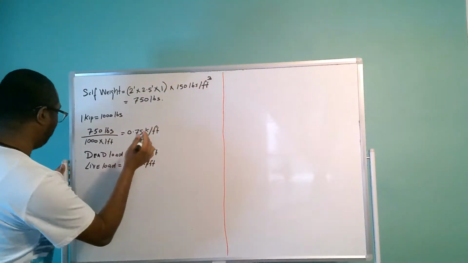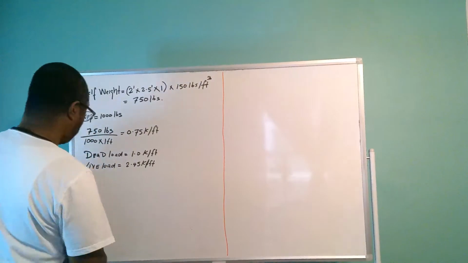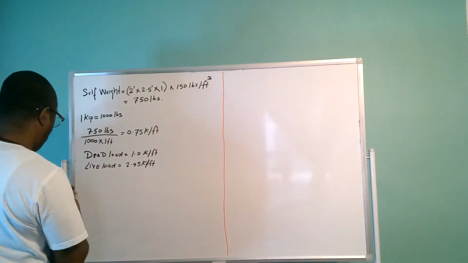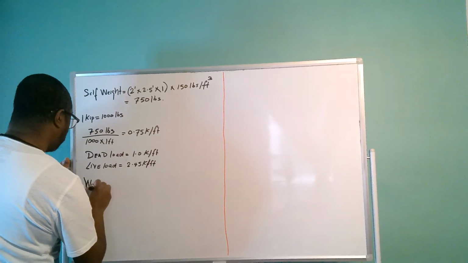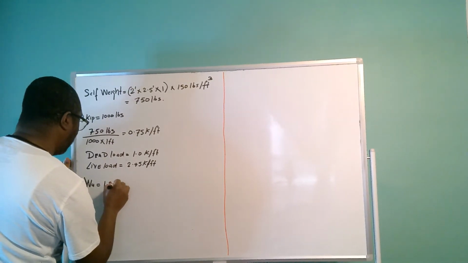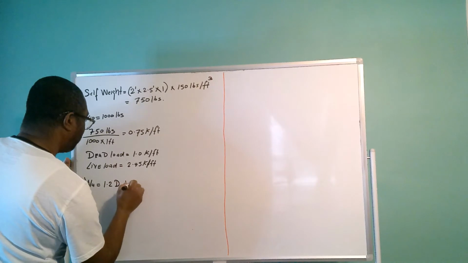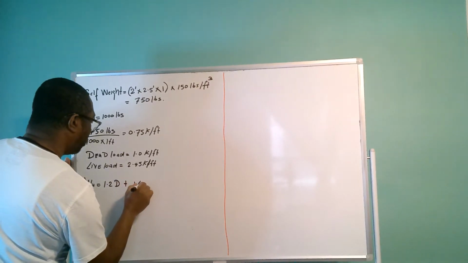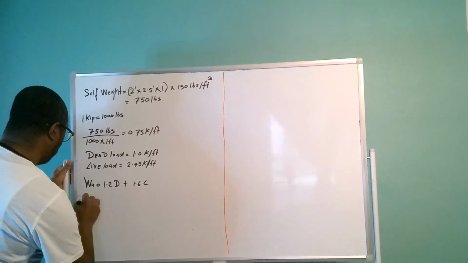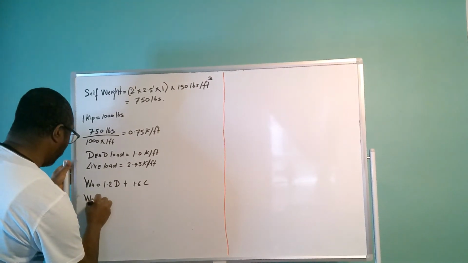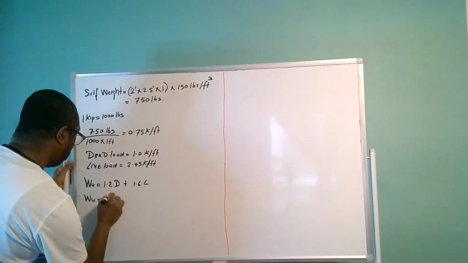So to factor our load now, the ultimate weight is going to equal 1.2 dead plus 1.6 live.